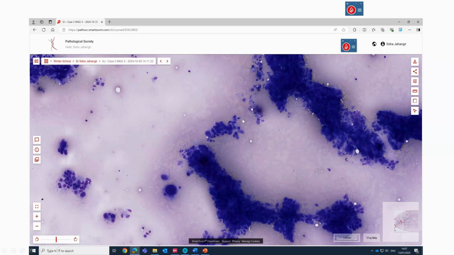Diff-Quik, also called a Giemsa stain, is a very good stain to assess the adequacy of the material. It can be done very quickly in the gastroscopy suite, and most of the time we use this stain to give a rapid on-site adequacy, which is also called ROSE.